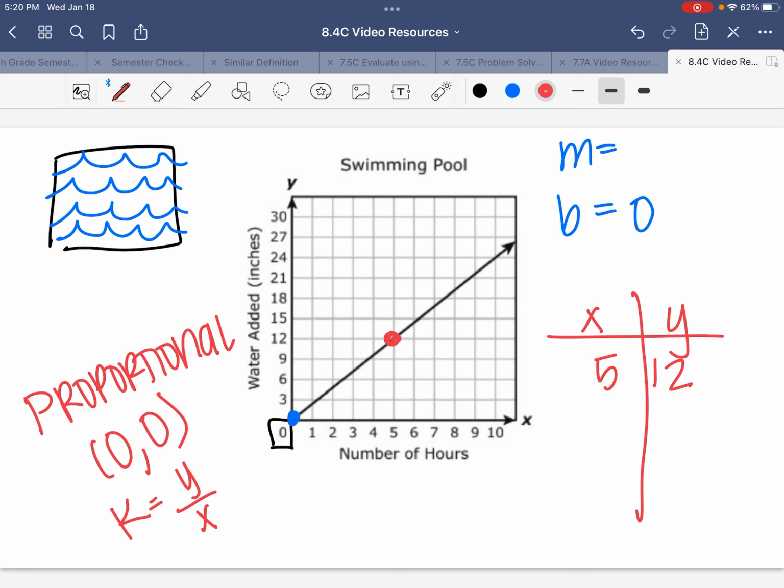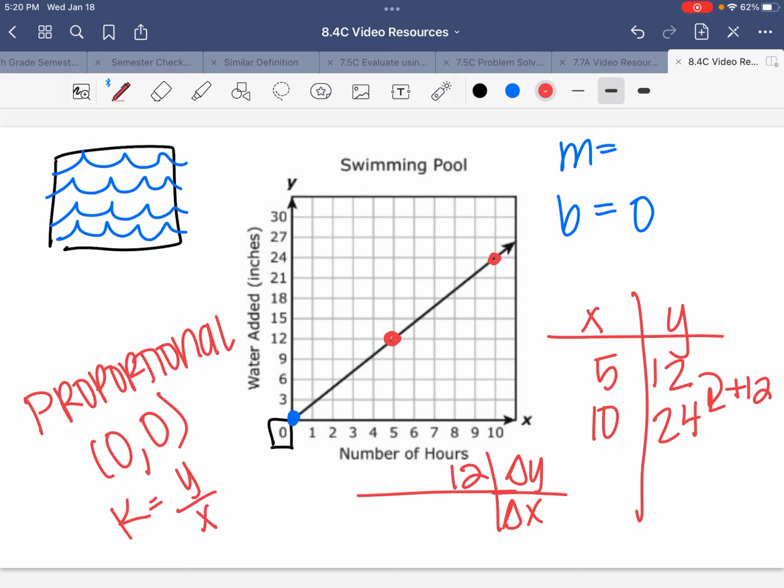And then the next clean point I can see is at 10, 24 has been added. So to find that change in y compared to the change in x, I see my y changed by an increase of 12. So as y increased by 12, x increased by 5.